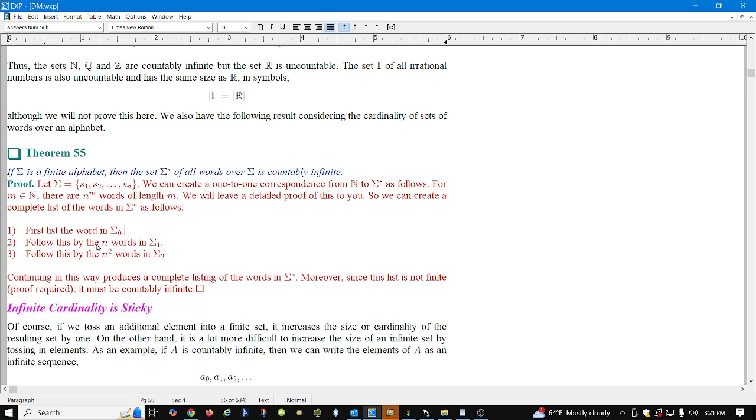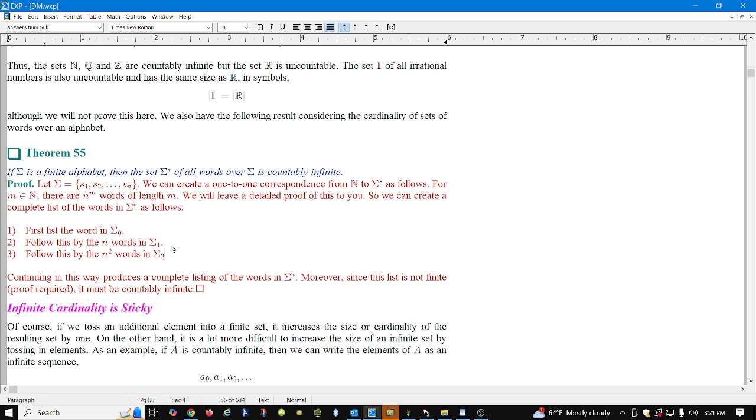There are n of those, because n is the size of the alphabet. Follow those by the n squared words of length 2, and so on. So this will result in an infinite list, or I should say a complete list of the words in sigma star.